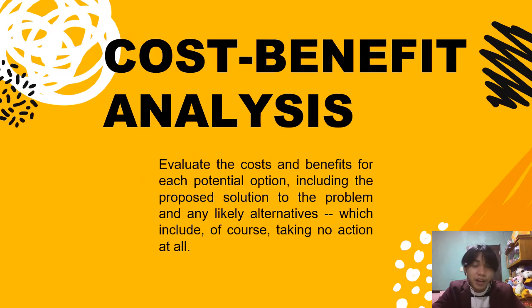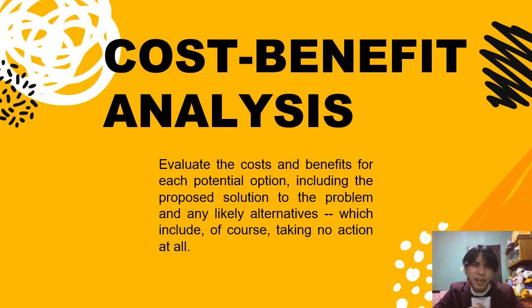Next we have the cost-benefit analysis. This is to evaluate the cost and benefits for each potential option, including the proposed solution to the problem. This is a systematic approach to estimating the strengths and weaknesses of alternatives, used to determine options which provide the best approach to achieving benefits while preserving savings.